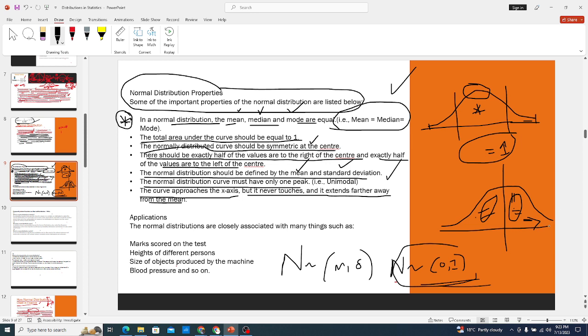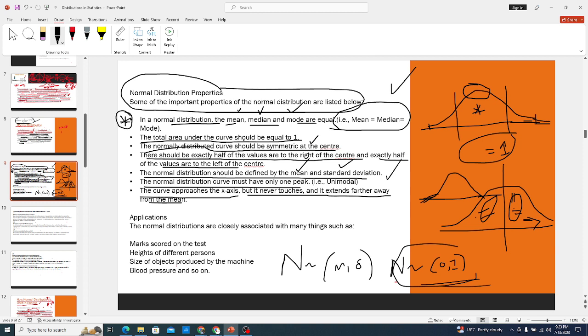Yes, for a normal distribution, the tail won't touch the x-axis. It will appear to touch the x-axis, but it won't, at any point.